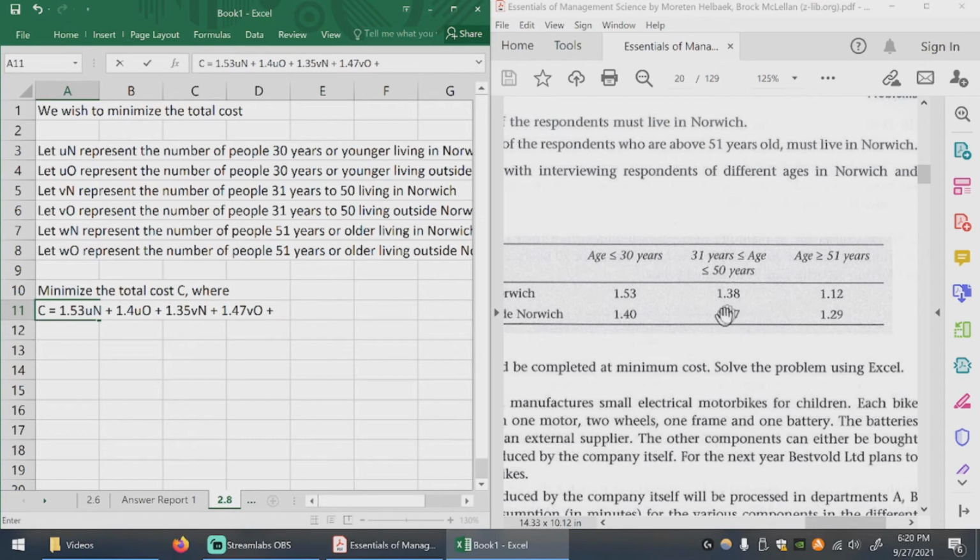That is this one. Last age group, 1.12. It's not a dollar, I know it's a pound, but 12, I said 12. Don't type 13. Age group is the last one, so that's WN. Last one, 1.29, WO.